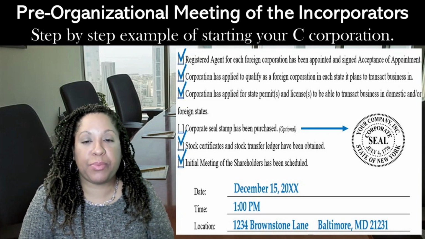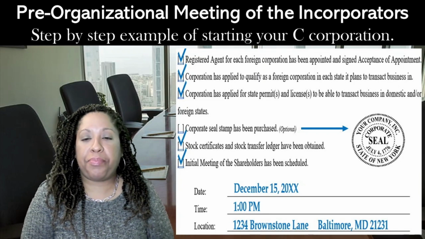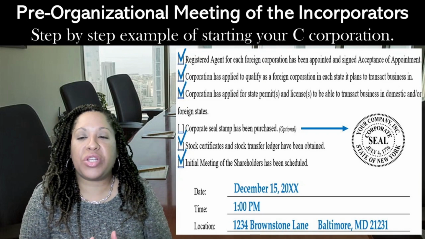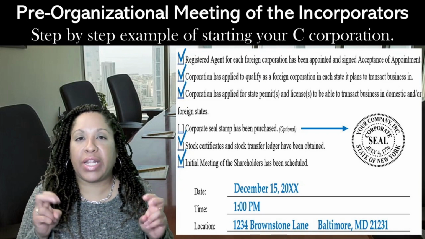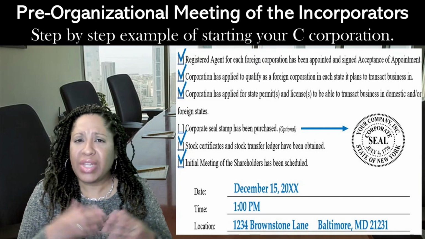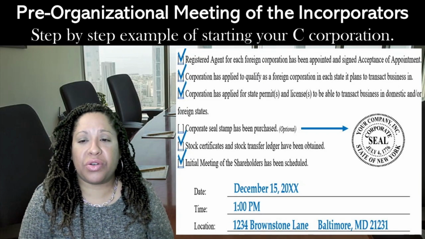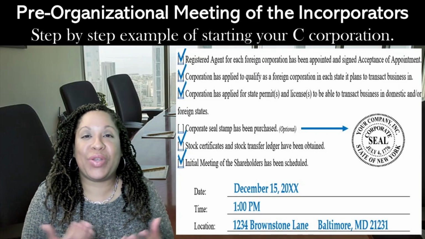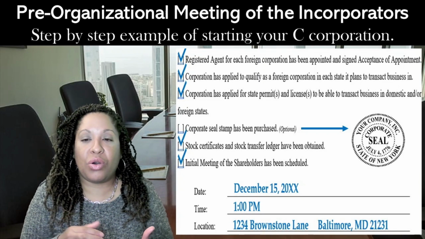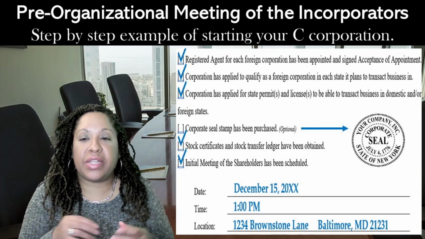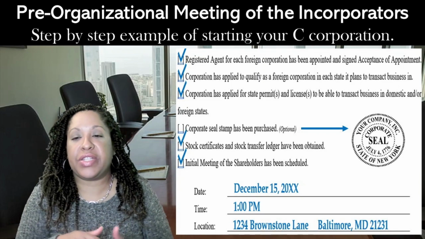Corporate seal stamp has been purchased. This is not required; it's optional. Certain corporations, and this is more old school than new school, have what's called a corporate seal, and you can make and create this on your own. I think Amazon also has people who can customize one for you, and it's basically maybe your company logo and something that says, here it says State of New York.